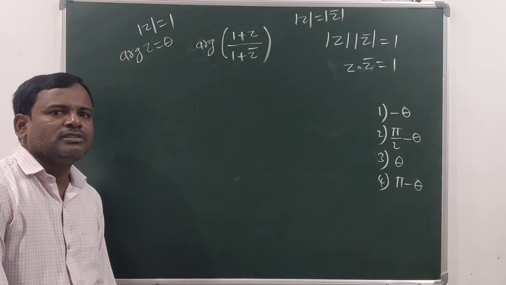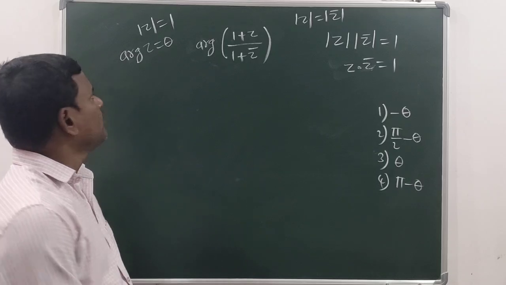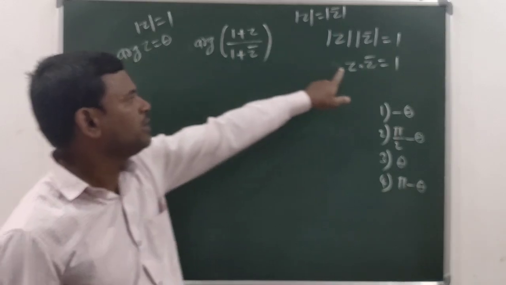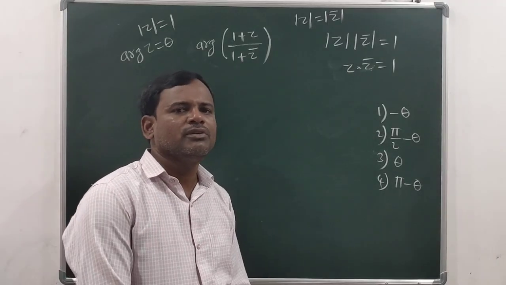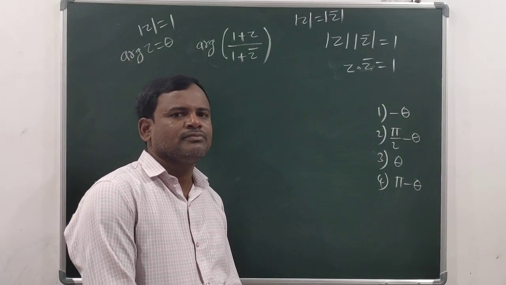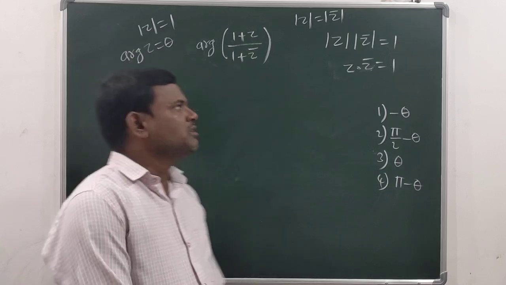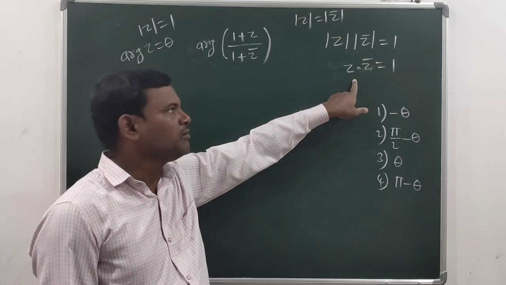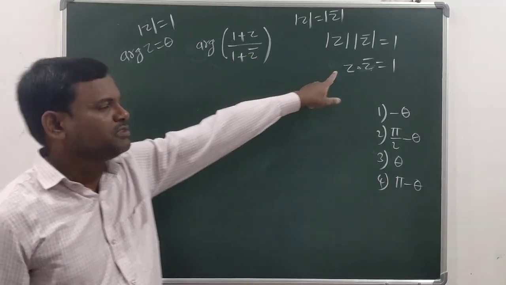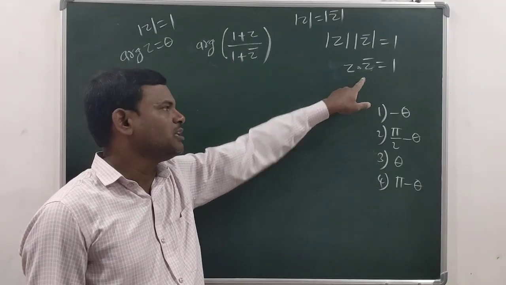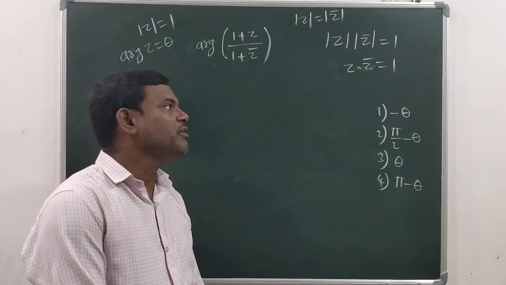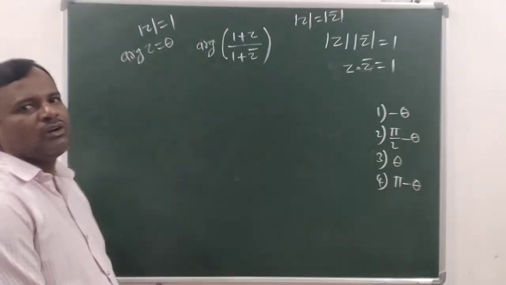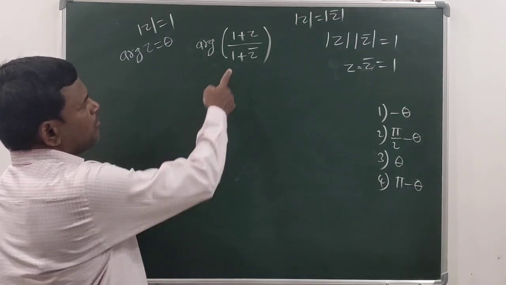Yes or no students? If the magnitude of a complex number is 1, then you can write z into z bar is equal to 1. If z is equal to x plus iy, then z bar will be x minus iy. Their product gives x square plus y square equal to 1. Alright.